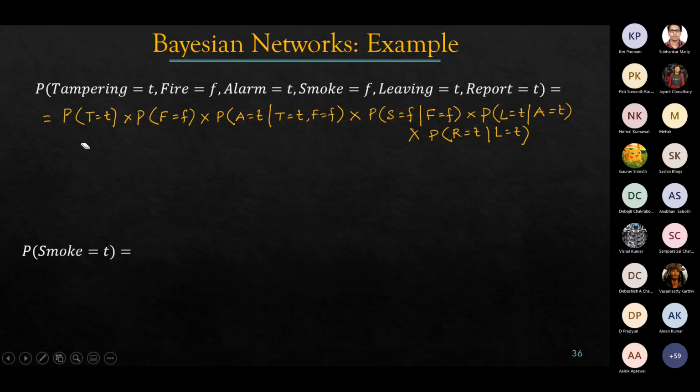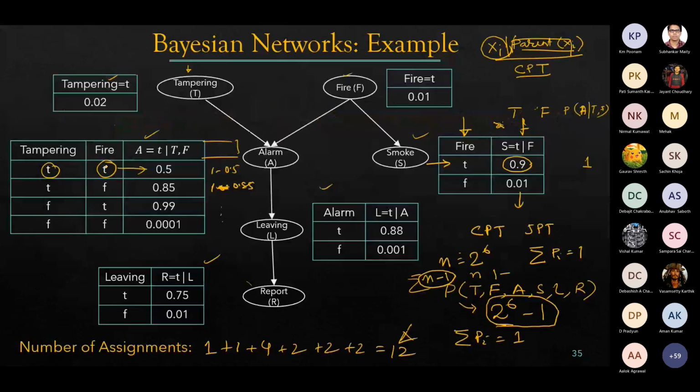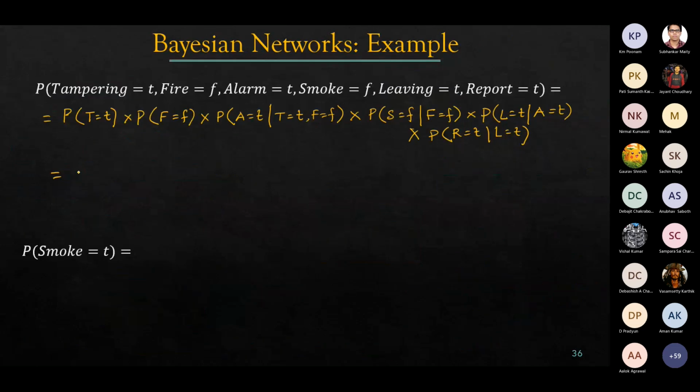Now we know the probability of tampering equal to true, which is 0.02, right? Sir, I have a doubt. Yes. Sir, here probability of alarm equal to T given tampering and fire equal to false. In this case, should we not write only T and F in the latter part, because tampering equal to true and fire equal to false is also probabilistic?